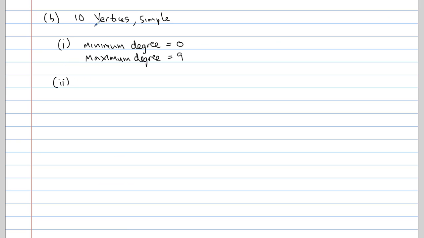So if there are 10 vertices, all of different degree, then the degrees of the vertices would be from 0 all the way up to 9. And if one of the vertices is connected to 9 others, that means that we can't have a vertex of order 0.